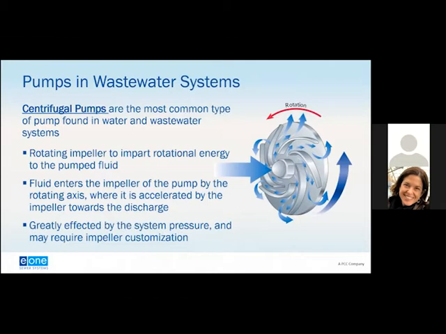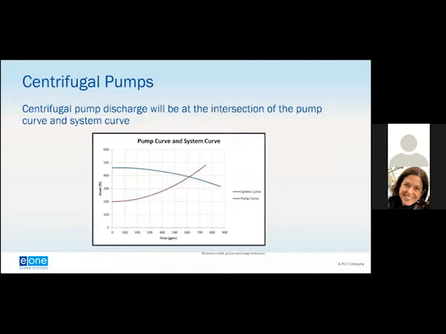The discharge is greatly affected by the system pressure. A pump will operate where the system tells it to operate. So here, we say that a centrifugal pump's discharge will be at the intersection of the pump curve and the system curve. Well, that's actually true for any pump system. Your system curve is going to be your total dynamic head. Your total dynamic head consists of any static lift you might have, and then your friction losses within the pipe.